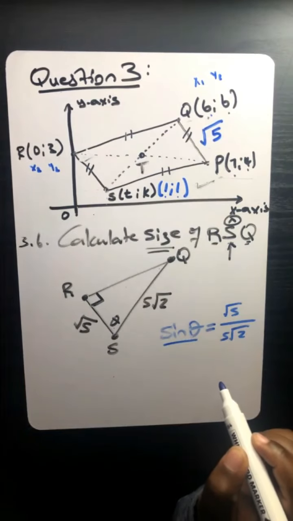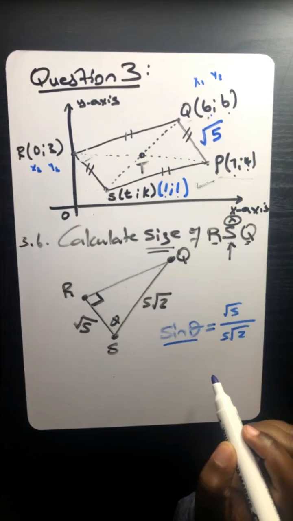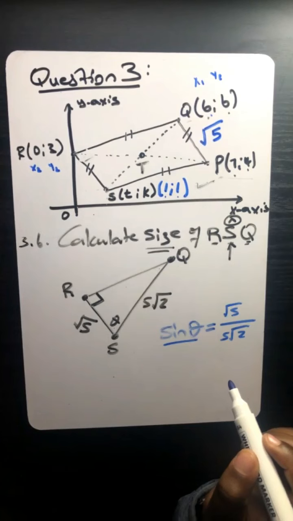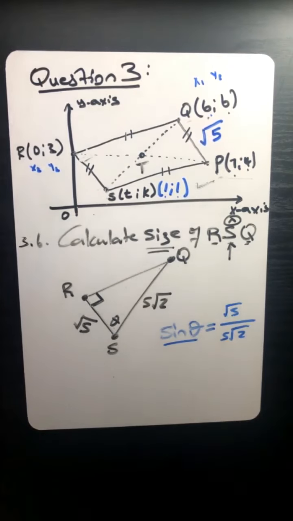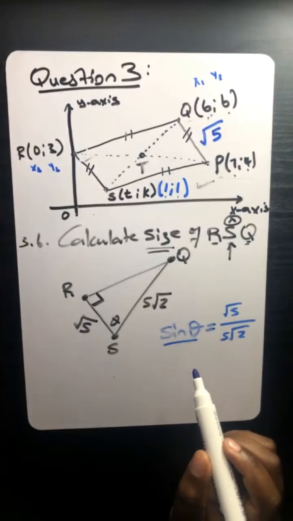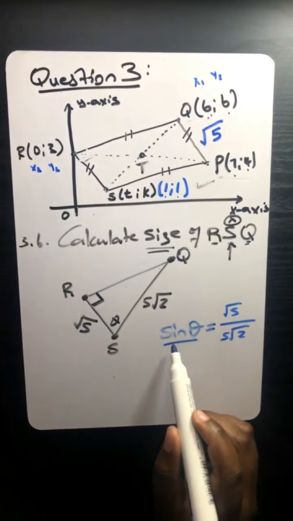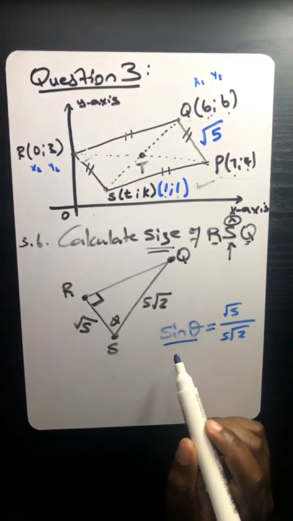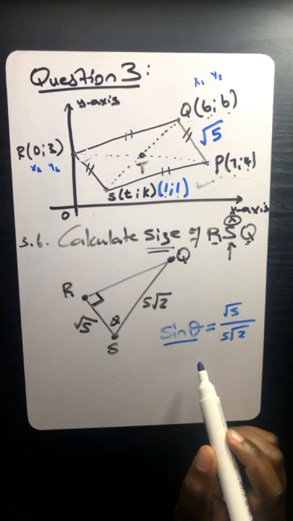Is there someone who wants to give it a try? Remember, guys, let's leave it for the grade 10s to give it a try. I'm sure if they get it wrong and we correct them, they will never forget. So you can go for it, Shreyas. What is the trig ratio for sine angle in terms of opposite, adjacent, and hypotenuse?